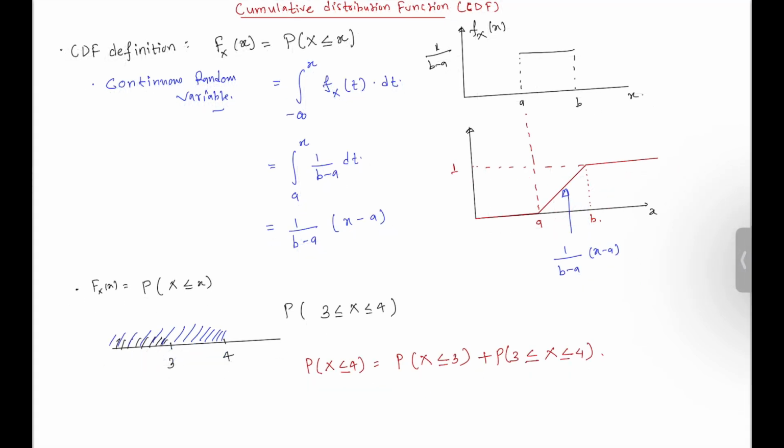And there is one more point to note: here the PDF is a function of this small t, right? And why haven't we written small x here? Because this small x we have reserved for the argument of the cumulative distribution function, right? And these are somehow related but different.